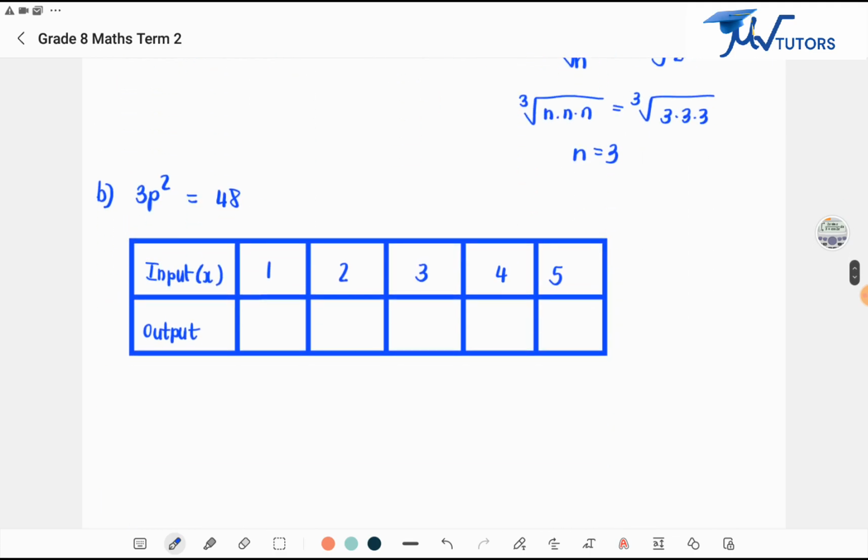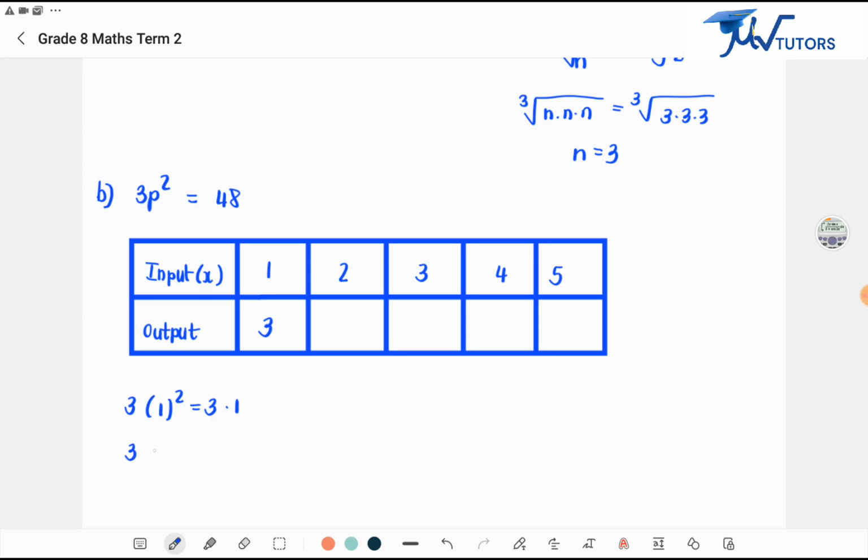Now b, we have 3p squared is equal to 48. I don't know which one is quicker for you, the table or just solving it, but let's do both. So if I put 1 in the place of p, that's simply 3 times 1, which is 3.